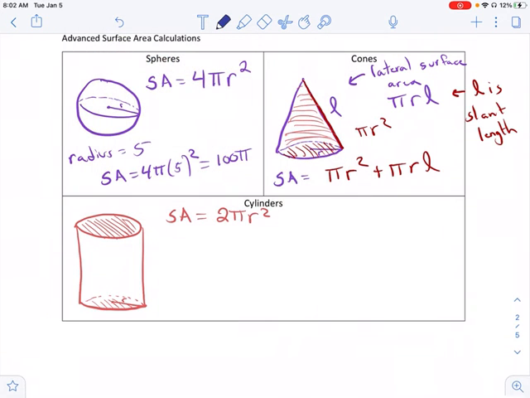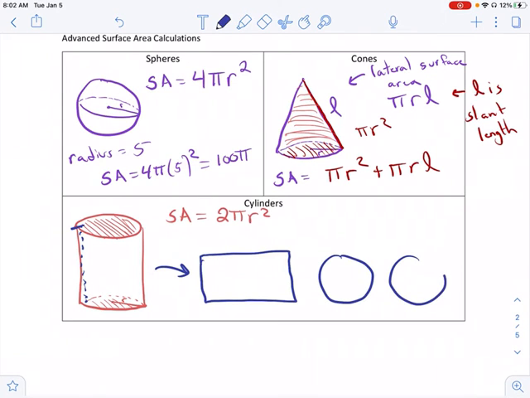The other piece of this comes if I unwrap, okay, if I were to cut this can here and then unwrap it. Okay, so I'd get this, and then in theory, I'm also going to get the top and bottom of my can. So this is pi r squared, this is pi r squared, and then we're not quite sure what this is just yet, but we're going to figure out an equation for the surface area of this.